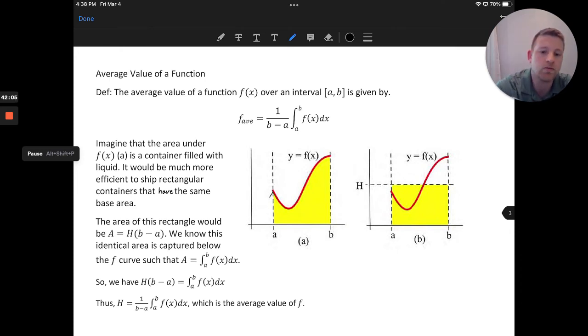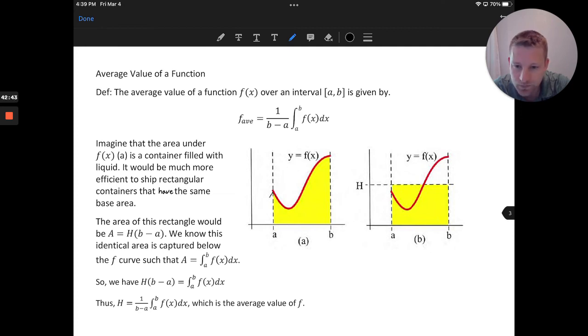And so we can consider, what if that level of liquid evens out here, and we get some height h that kind of averages, again, the height of that container in part B. So the area of this rectangle that's created when our liquids kind of level out would be considered as, well, it's the height, h, times the b minus a length of that base.